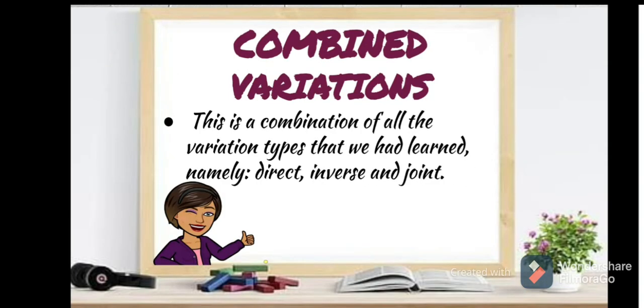And for joint variation, we have more than two variables involved or two quantities involved. If we have varies jointly, we can have y is equal to kxz or more variables.